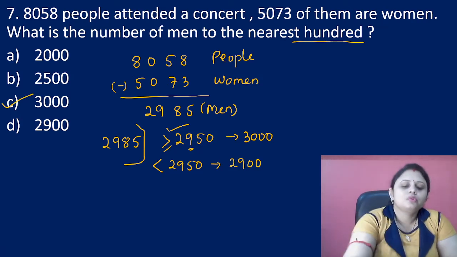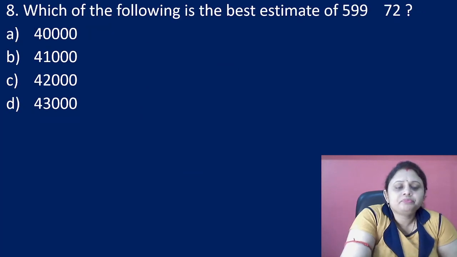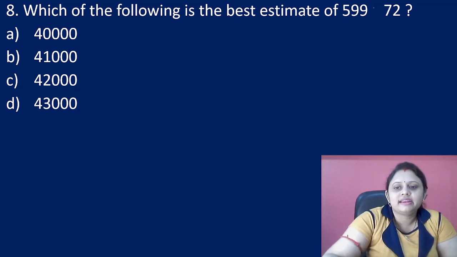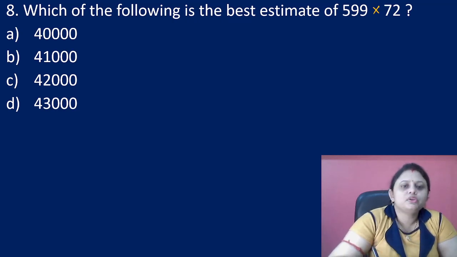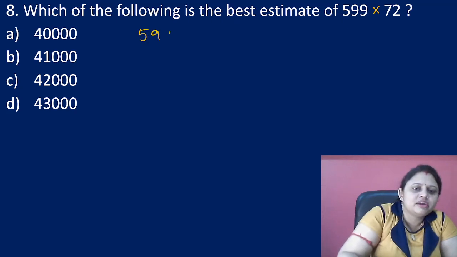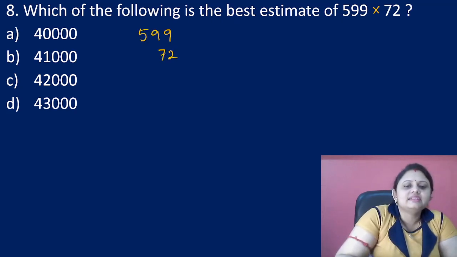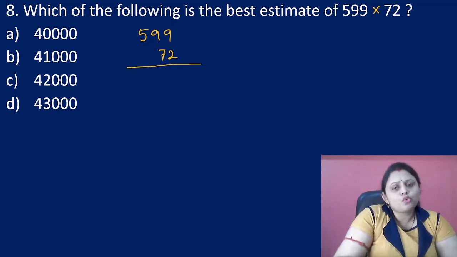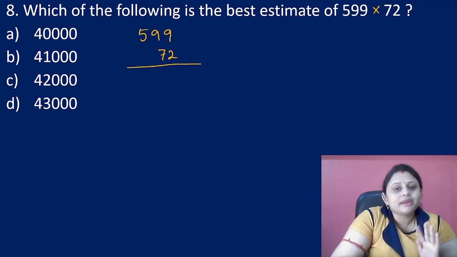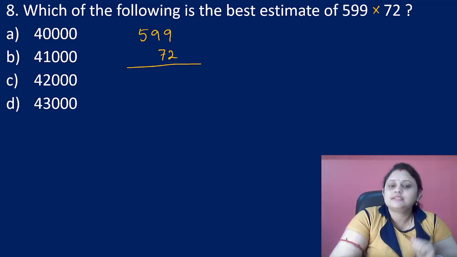Okay. Next question. Which of the following is the best estimate of 599 into 72? So what we should actually do is multiply 599 and 72. You can multiply on your own, pause the video, multiply on your own, then check your answer with mine.